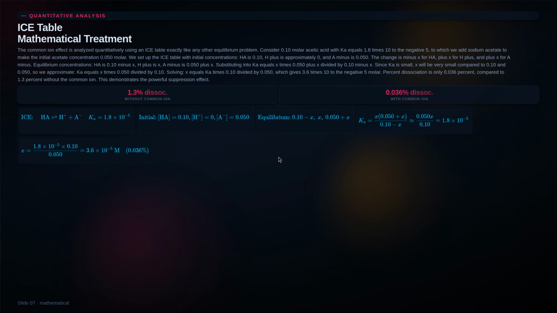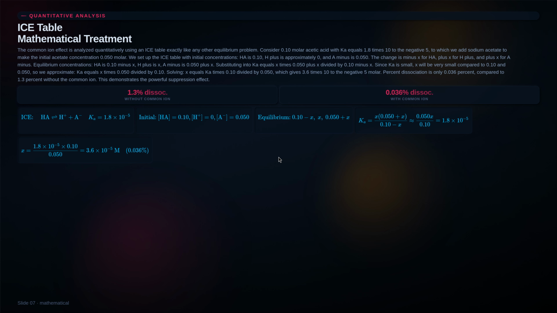Consider 0.10 molar acetic acid with Ka equals 1.8 times 10 to the negative 5, to which we add sodium acetate to make the initial acetate concentration 0.050 molar. We set up the ICE table with initial concentrations.